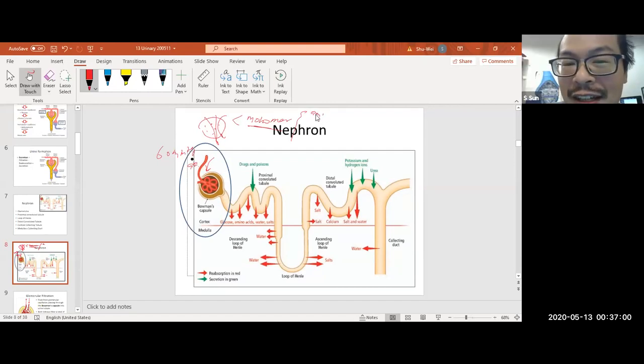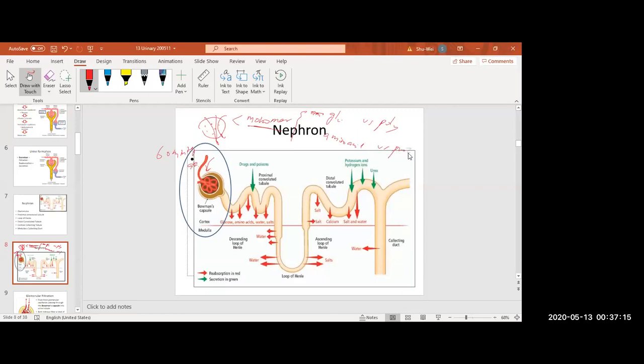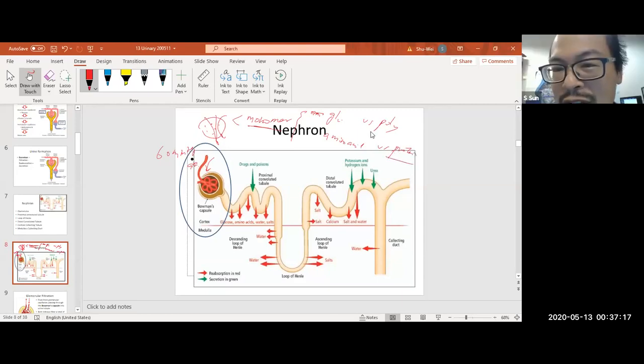So for example, glucose compares to the polysaccharide, amino acid versus protein. So protein is a polymer, and this is a monomer.